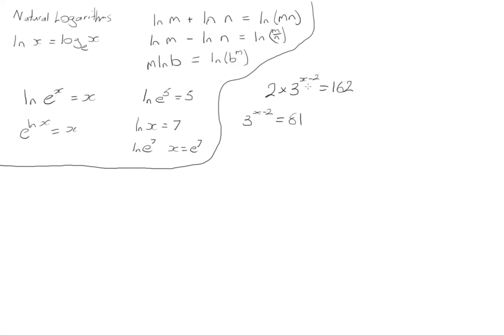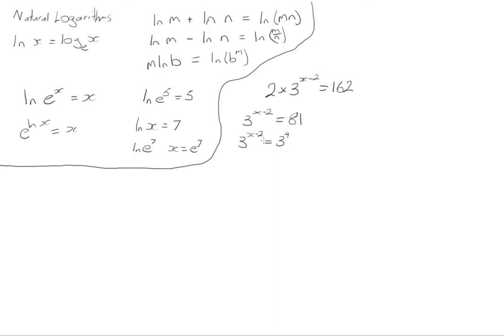Let's think about this for a moment. Is there a number that we can raise 3 to the power of, like 3 to the power of something is equal to 81? Well, there is. We could go 3 to the power of x minus 2 is equal to 3 to the power of 4.